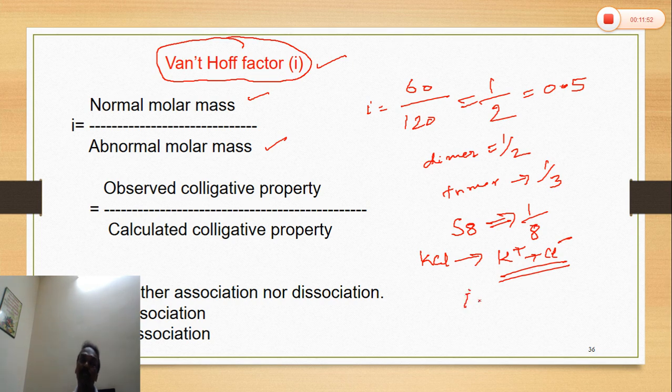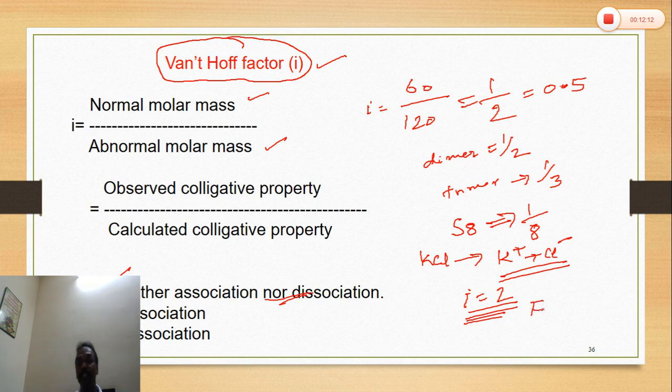Here the Van Hoff factor is equal to 2. If i is equal to 1, normal molar mass and abnormal molar mass are the same, so there is neither association nor dissociation. If i is greater than 1, dissociation, as in the case of KCl dividing into 2 particles.